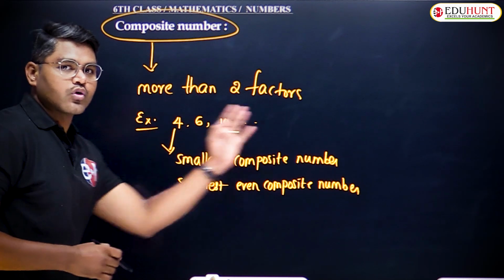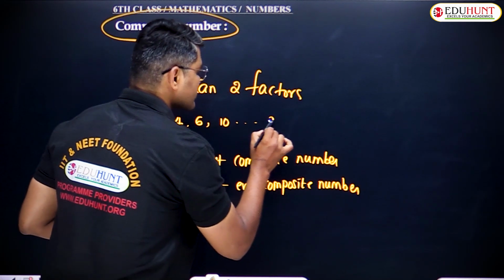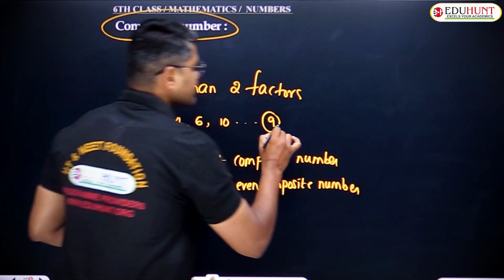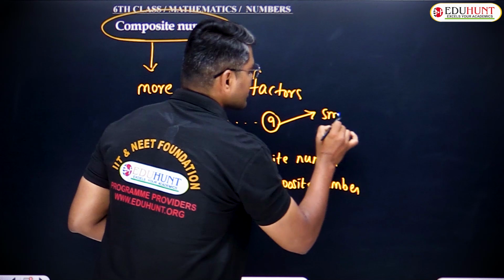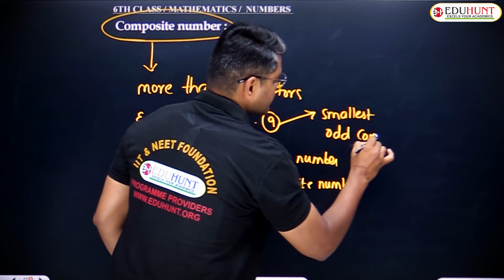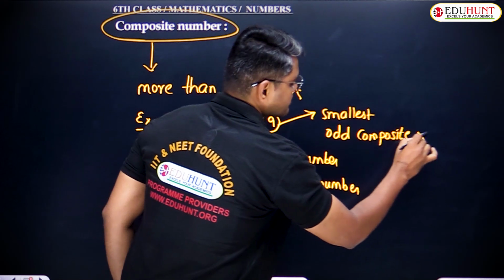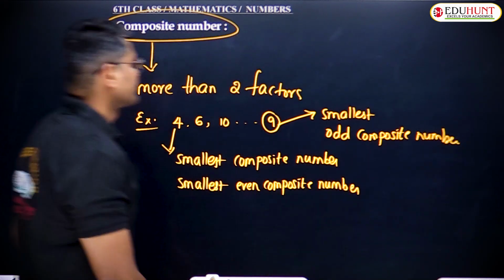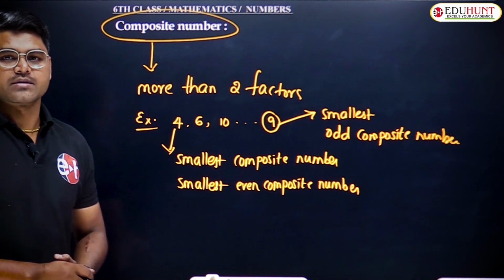And if we go through this one, 9 is also there. 9 is the smallest odd composite number. This is about composite numbers.